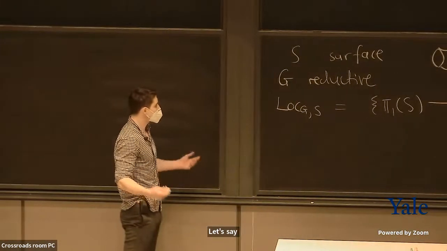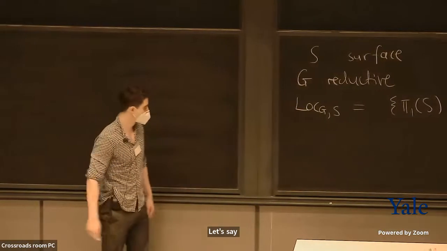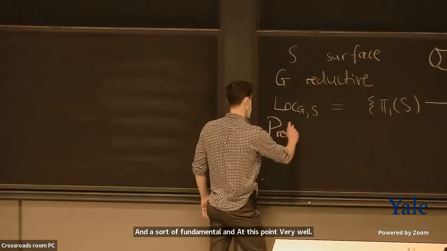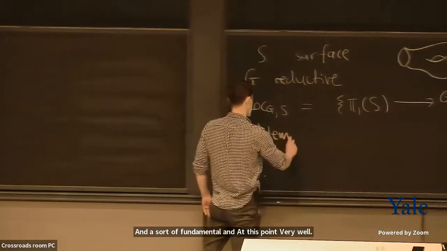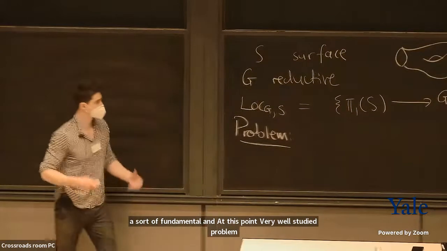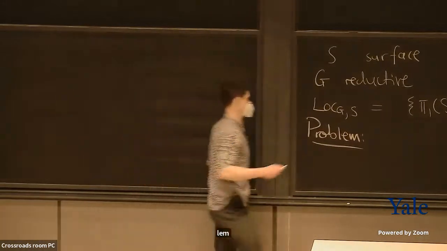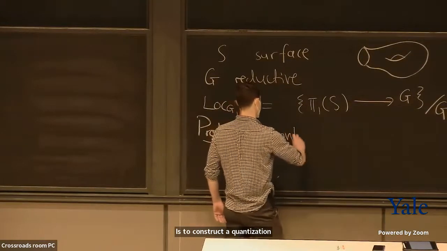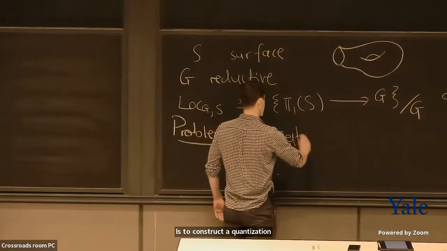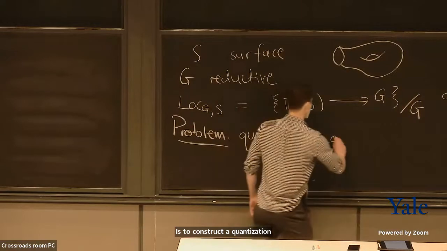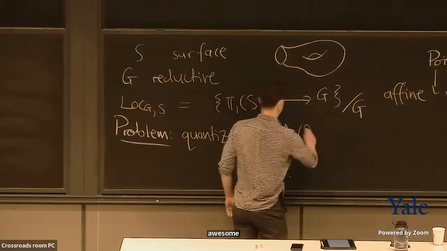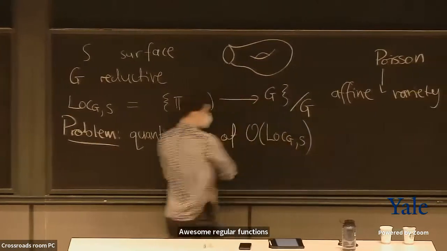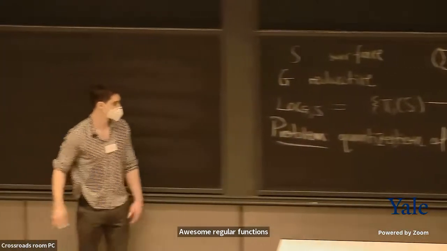And a fundamental and at this point very well studied problem is to construct a quantization of the Poisson algebra of regular functions on the character variety.